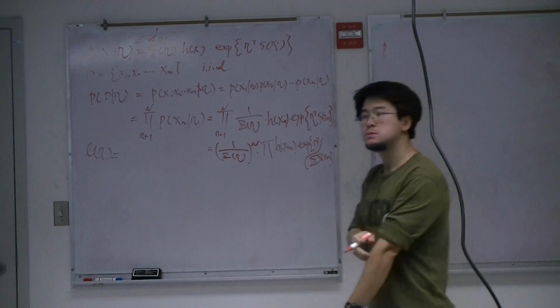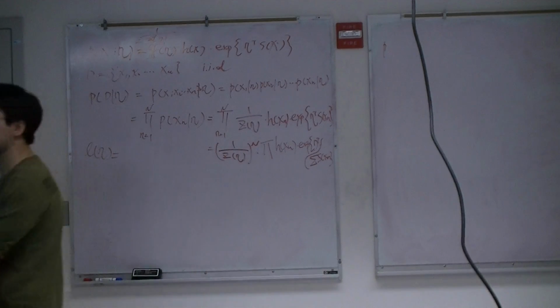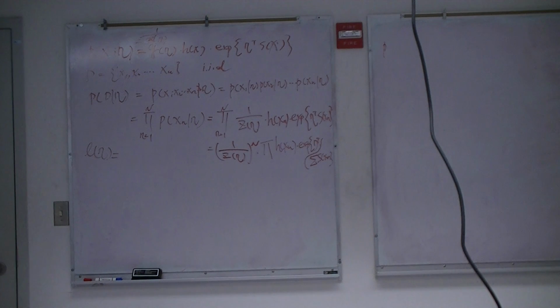I was late for the question. Previously, you had x and D, what was the difference between x and D? Not here, actually, the previous one. D is the difference.